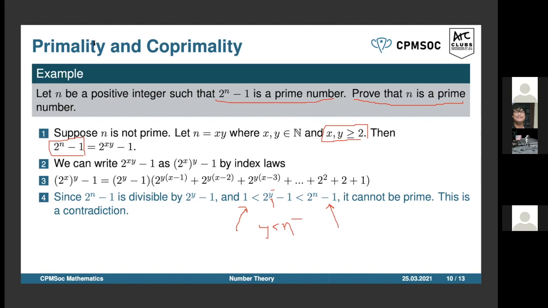So we have got our contradiction over here. In fact, instead of saying contradiction, we can also say that we've proved the contrapositive: n not being a prime number implies that 2 to the n minus 1 is not a prime number. You can phrase it either way. If you're doing proof by contradiction, you can phrase your proof as: assume 2 to the n minus 1 is prime and n is not prime, and then reach your contradiction by deducing that 2 to the n minus 1 is not prime.